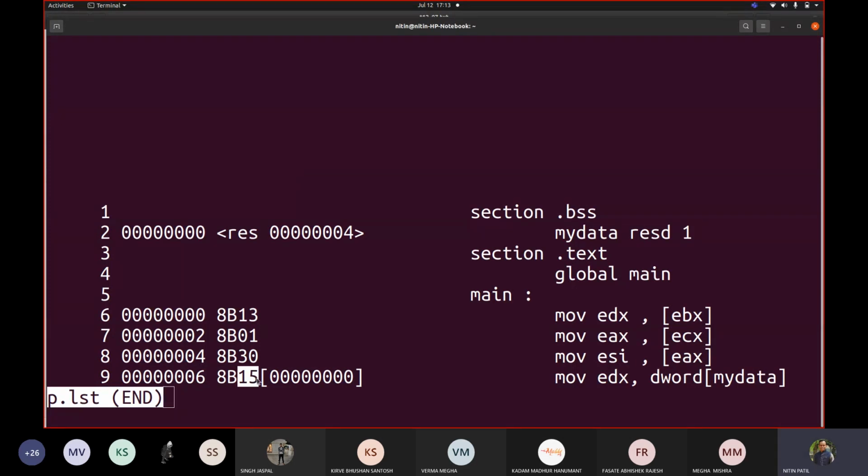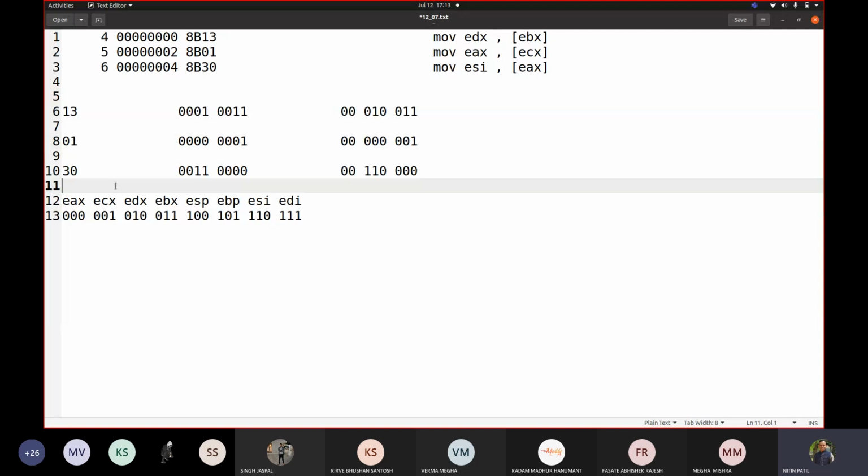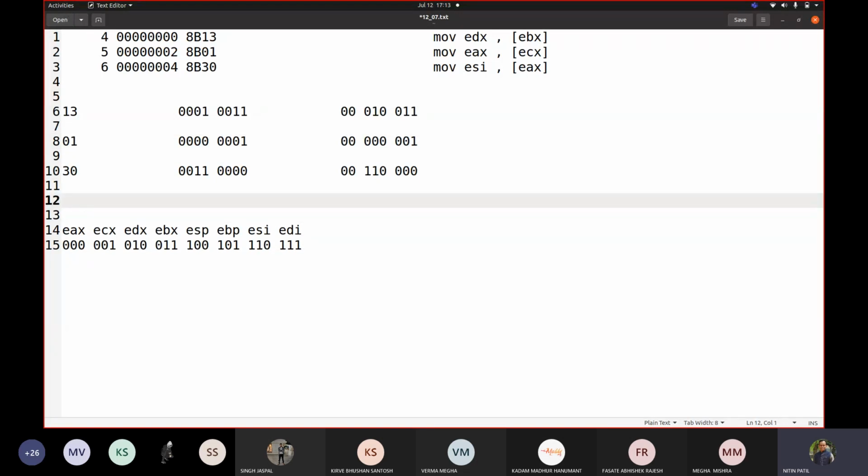Now if I take that example as 8B15, how will 15 look? 0001 0101. If I write this like 00 010 101, now you can see 010 is EDX and 101 is EBP.